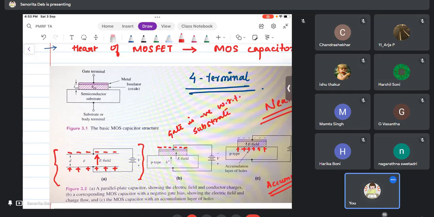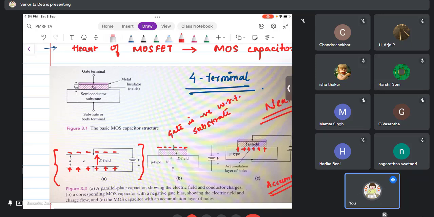In case this is an n-channel MOSFET, there is a p-type substrate, and then there is this gate, and we are putting a negative gate with respect to substrate. We saw that if we put negative gate voltage with respect to substrate, the holes, which are the majority carriers in p-type, get attracted.